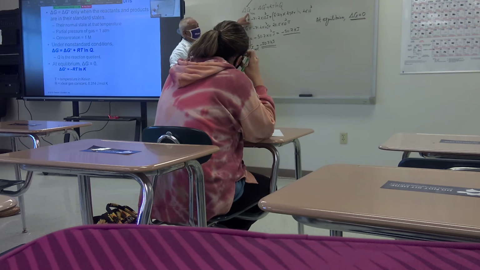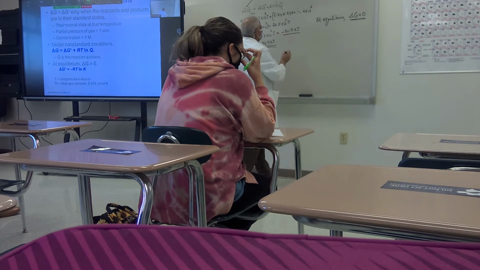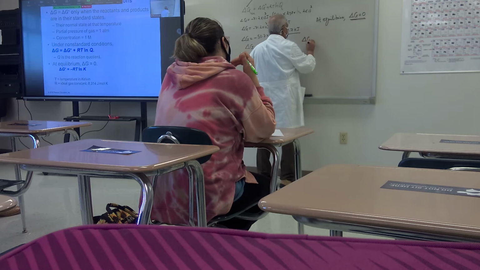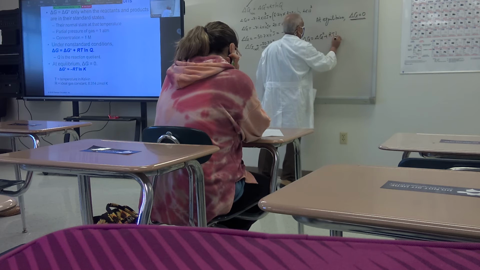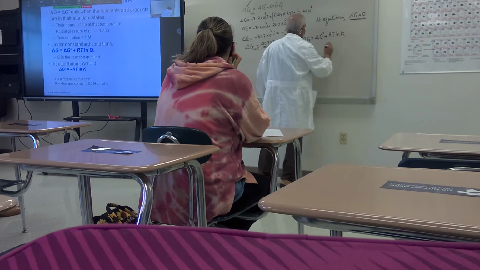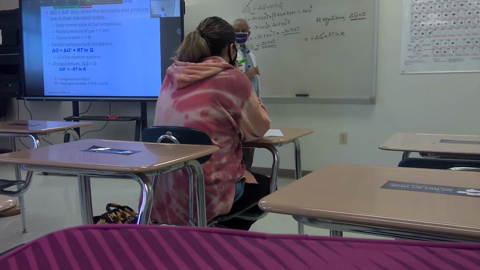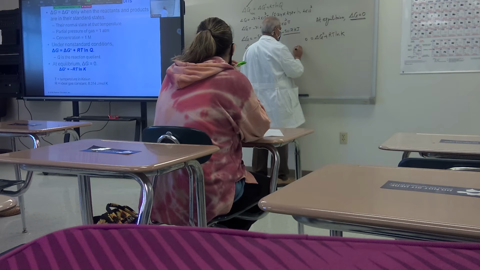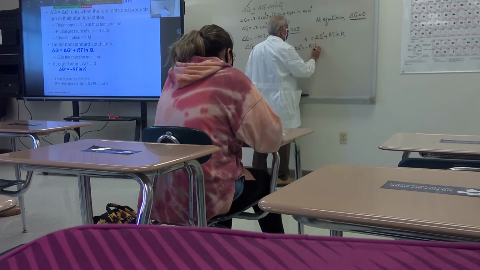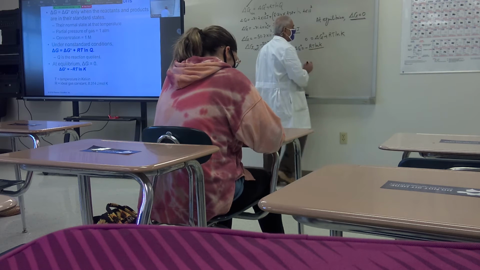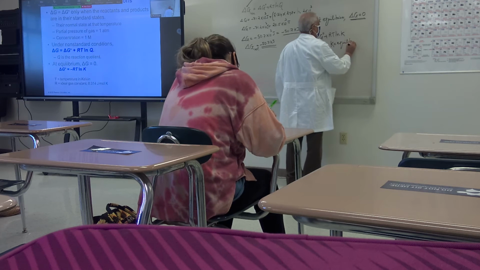At equilibrium, this is always 0, but this is not 0. So you have this equation, delta G equals delta G0 plus RT ln K. Here delta G becomes 0, correct? So now delta G0 equals negative RT ln K, where K is the equilibrium constant.